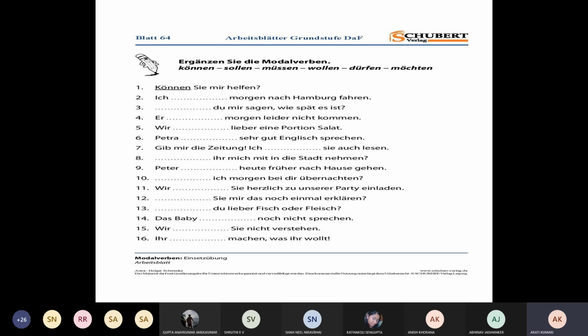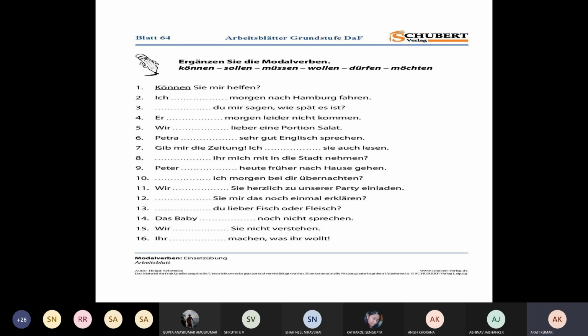Number 11. Wir Sie herzlich zu unserer Party einladen. What will we say here? Tell me. This one is simpler. Wir möchten, no?